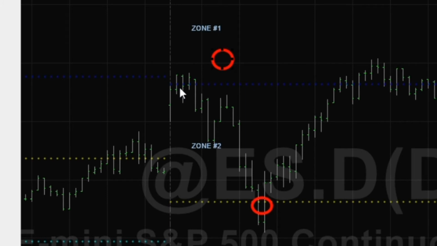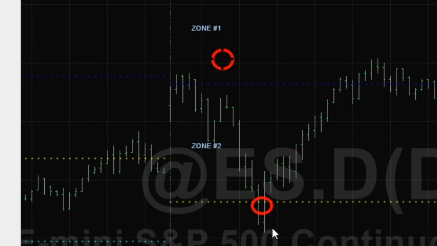So what I want to do is test the idea of the market opening in zone 2, closing in zone 1, and then coming back and closing in zone 2, and then eventually making its way all the way down to the top of zone 3 and entering zone 3, and then reversing.